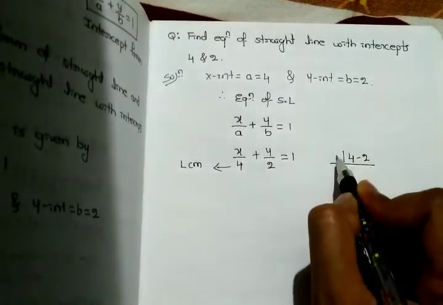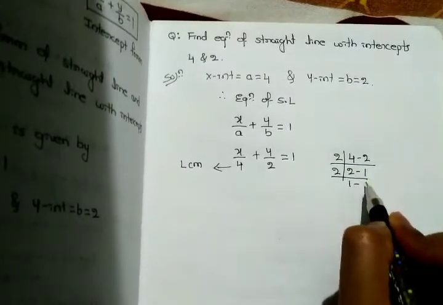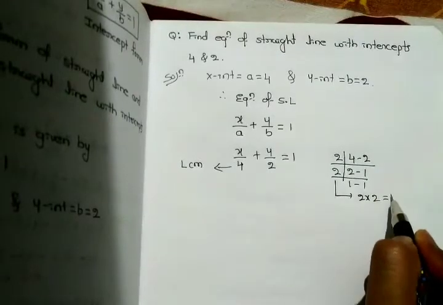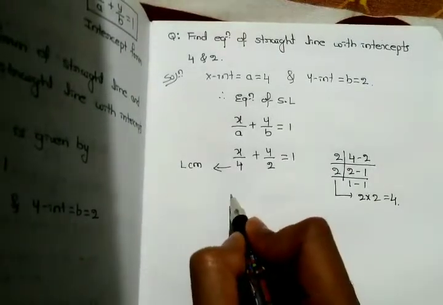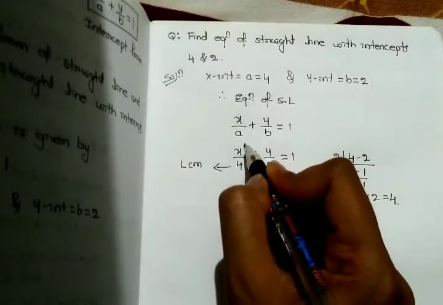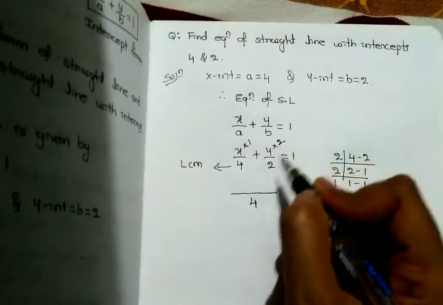So 2 2s are 4, 2 1, next 2 1. Therefore multiply these two. 2 into 2 is how much here? 4. Therefore 4 is the LCM. Already 4 is there, so multiply by 1. 2 is there. To get this 4 you need to multiply by 2.